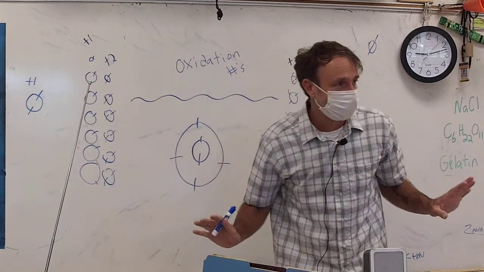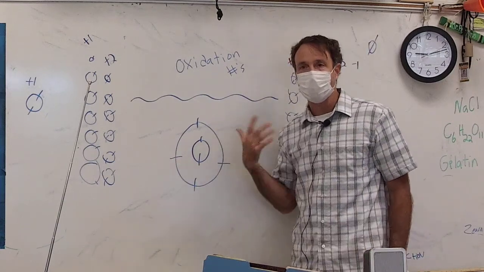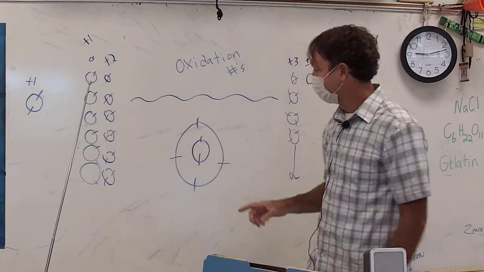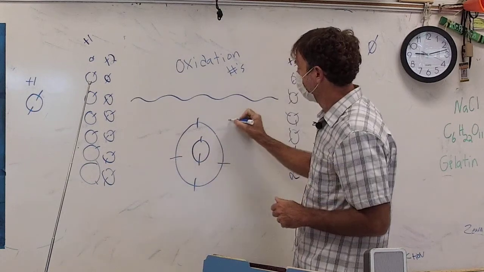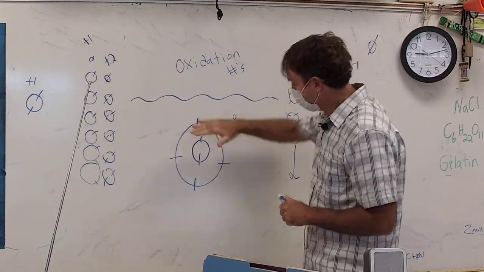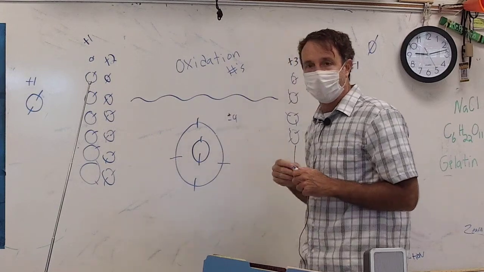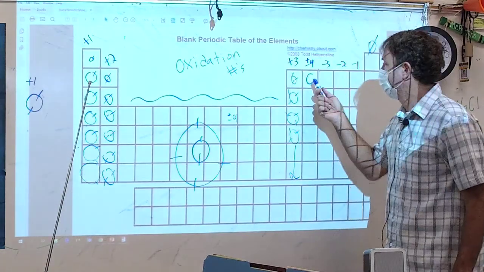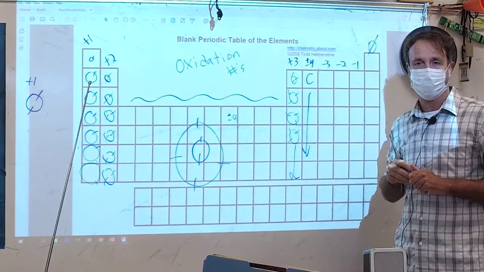It's neither, because it's at 4. 4 is halfway between 0 and 8. So sometimes it could gain 4 electrons and have a charge of -4, and sometimes it could lose all its electrons and have a charge of +4. So the oxidation number for this group is plus or minus 4. You don't know what they're going to do.